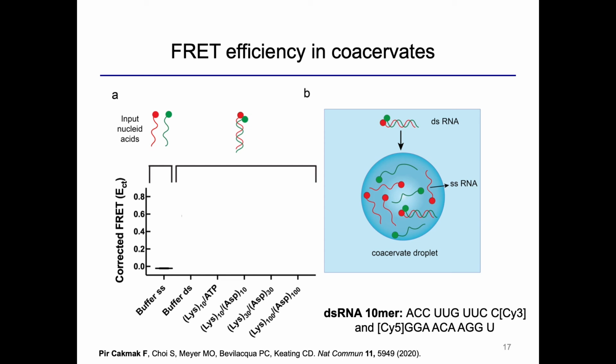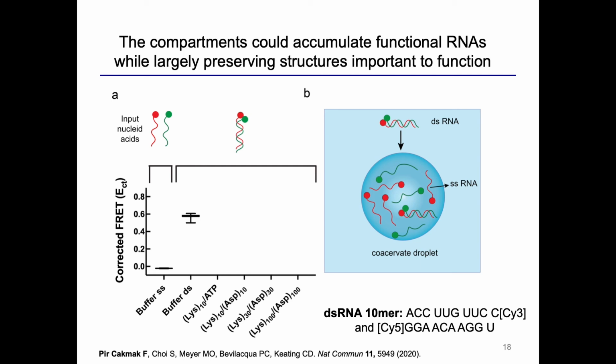As a control, I have done single-stranded systems, which are basically the same strand with two different labels in a buffer, and as I expected, I observed zero FRET efficiency in the buffer. However, when I had the double-stranded system within the buffer, this is going to be our base, and this is going to be the highest value we observe, and it was around 0.6.